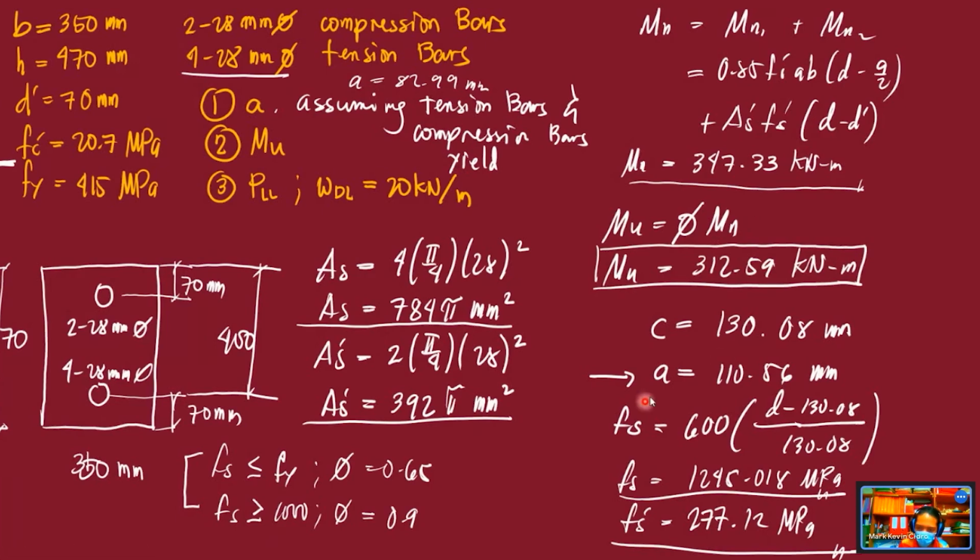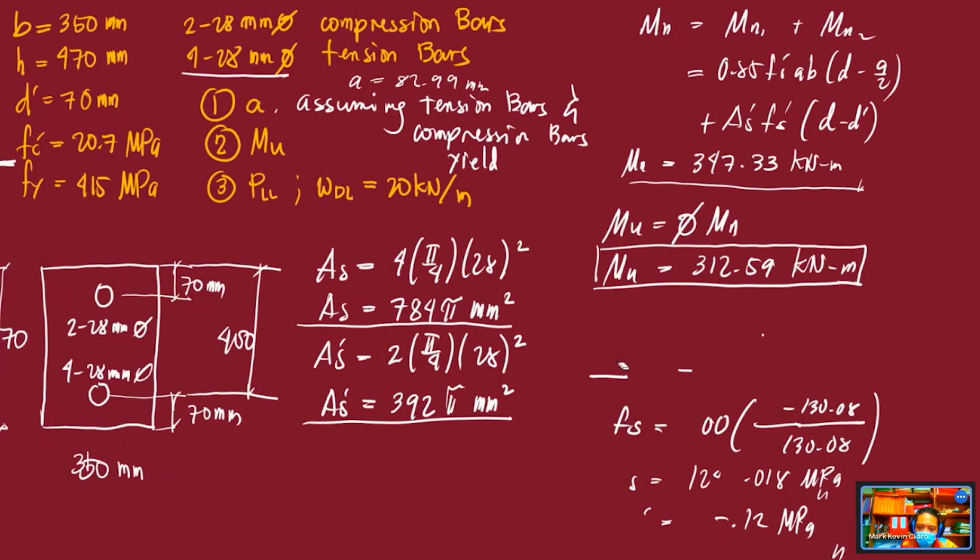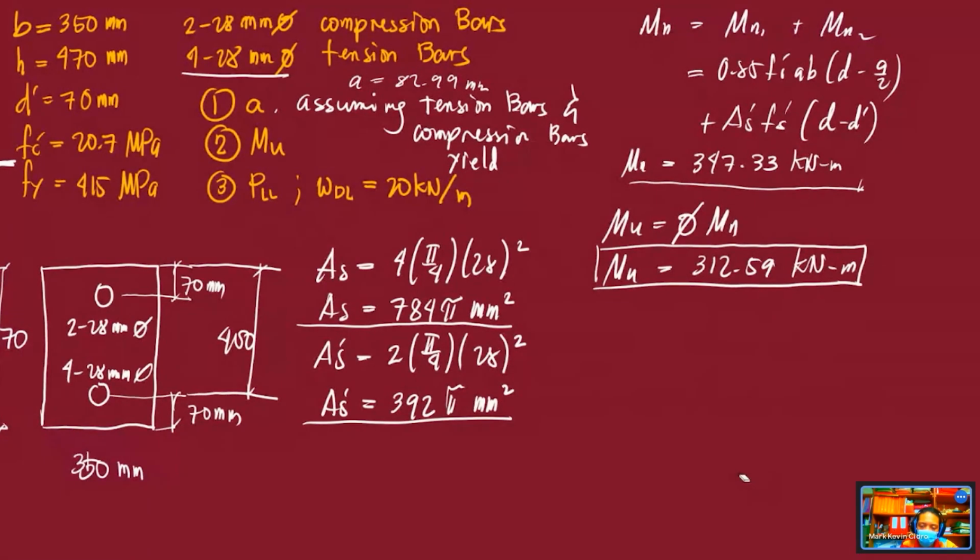Okay, so you have the value of your Mu. Let me erase this. And number 3, what is asked is the value of the additional live load at the midspan.